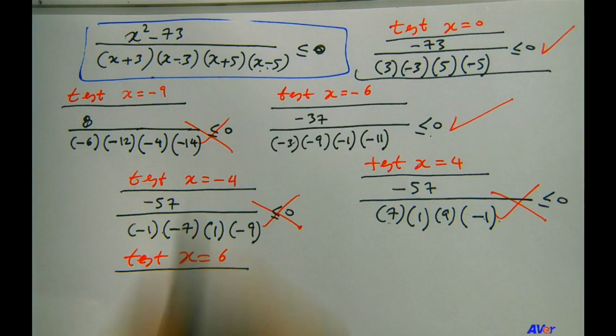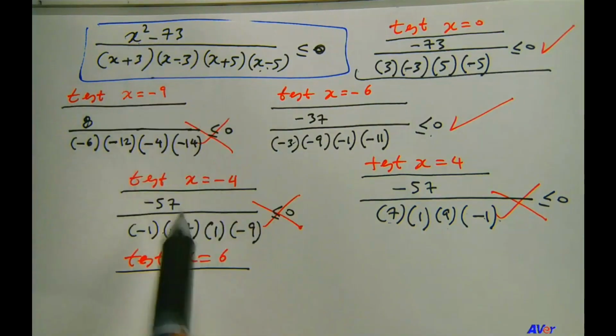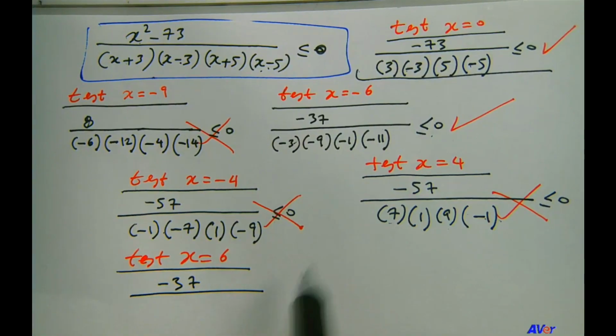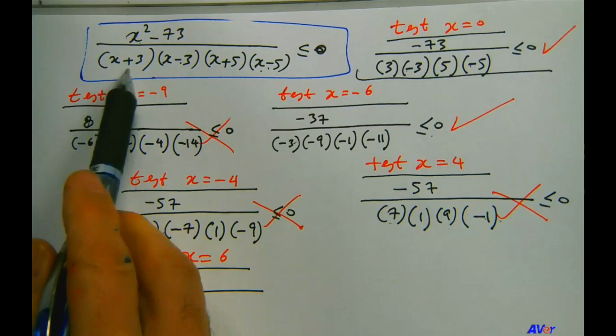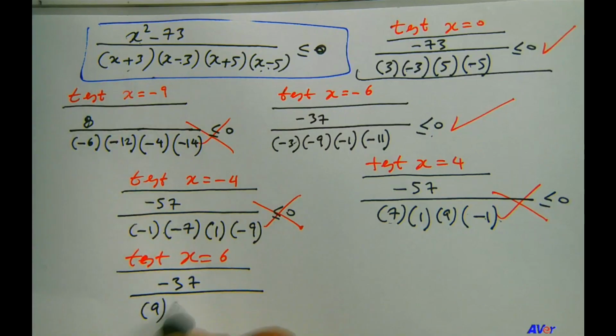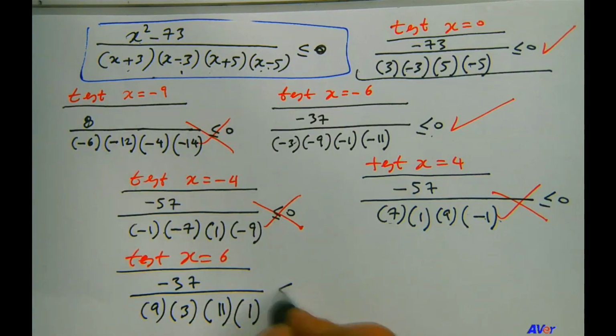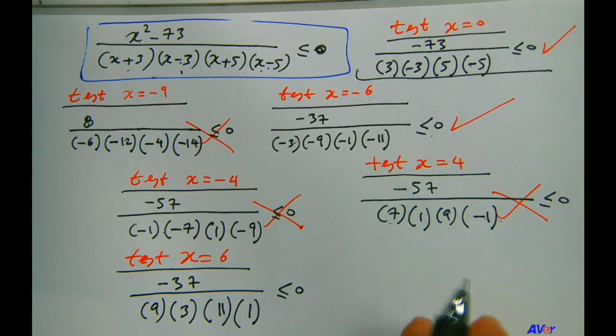Okay. So plugging in, we have 36 minus 73, so that's minus 37, divided by positive 6 plus 3, that's 9. Positive 6 minus 3, that's positive 3. Positive 6 plus 5, 11. Positive 6 minus 5, 1. Is the left side less than or equal to 0?